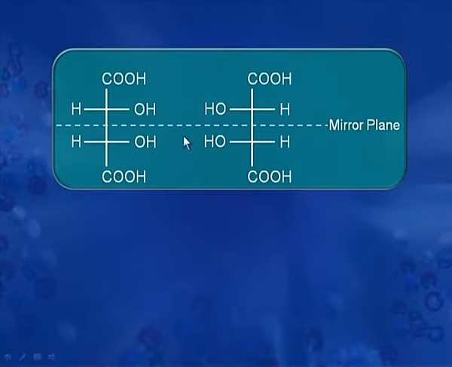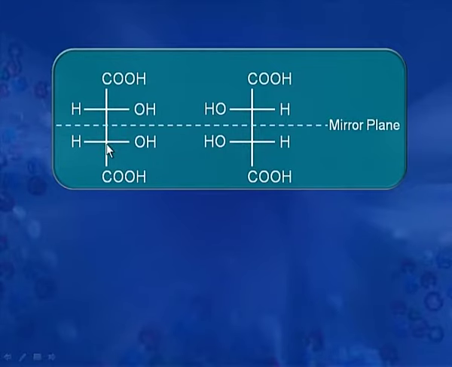What we find in this structure is that this dotted line is representing a mirror plane, and we see carefully that across this line, this part of the molecule is exactly the mirror image of this part.